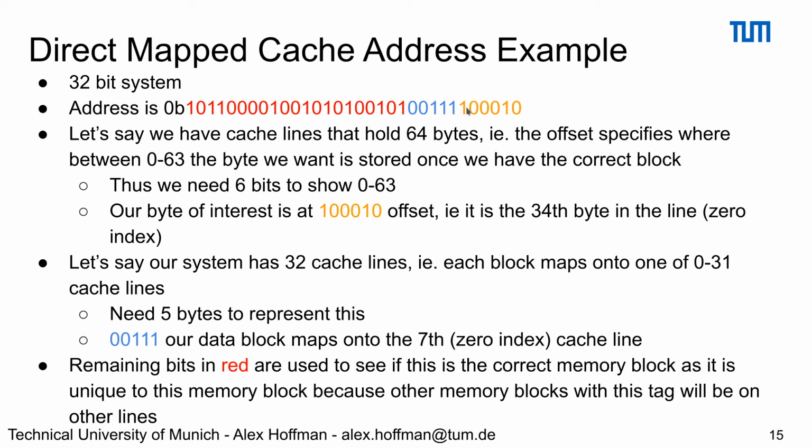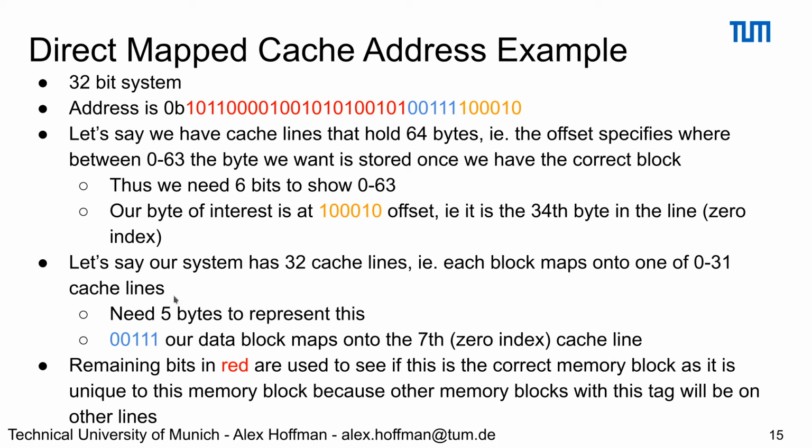You will know just from that sentence that I have a 6-bit offset and I have a 5-bit index, because the index will just represent which of the 32 cache lines it falls onto, right? So for this memory address, we can look at these 5 bits and say, okay, we have 1, 2, 4, so this is 7. So it's going to fall onto the 7th cache line, obviously 0 indexed, right?